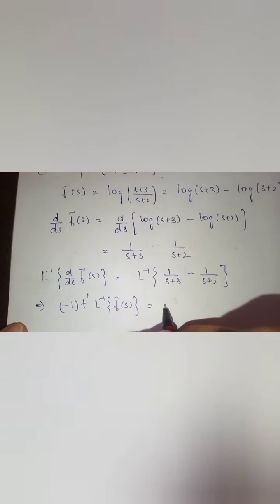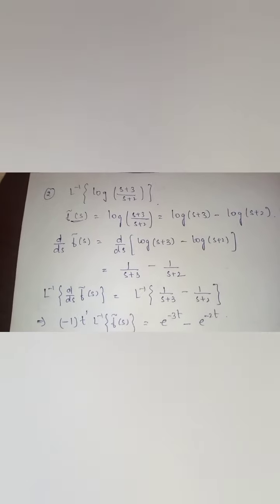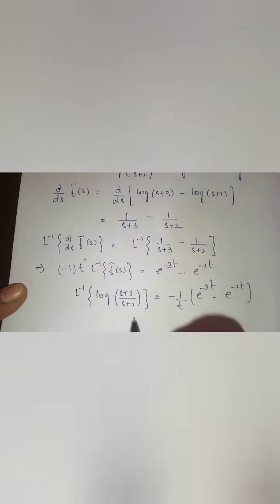The right side is e to the power minus 3t minus e to the power minus 2t. So the Laplace inverse of f bar of s, which is log of (s plus 3) by (s plus 2), is equal to, sending the t across, minus 1 by t into (e to the power minus 3t minus e to the power minus 2t).